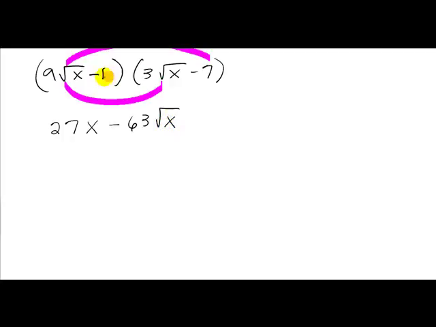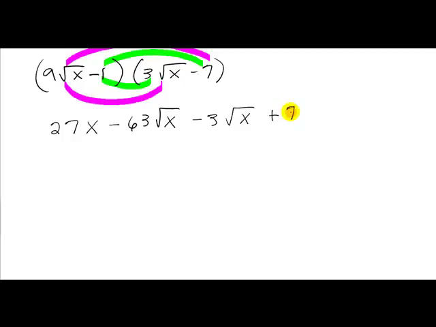Then we want to do what's on the inside here. So we'll take and multiply these 2. So negative 1 times 3 times the square root of x. And then we want to take and multiply the negative 1 times the negative 7, which would give me a positive 7.